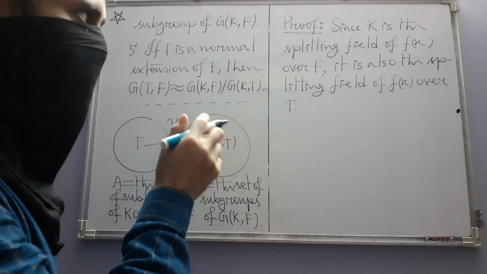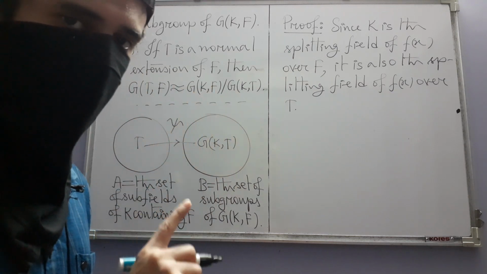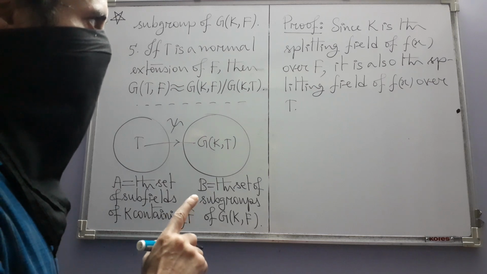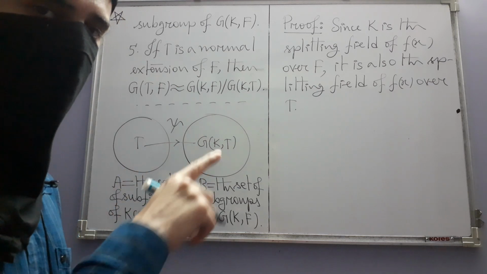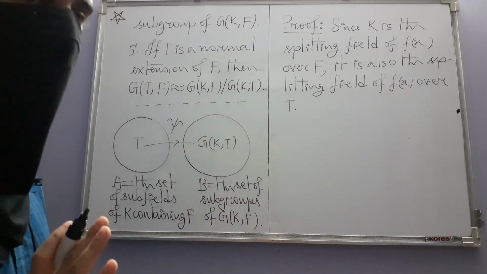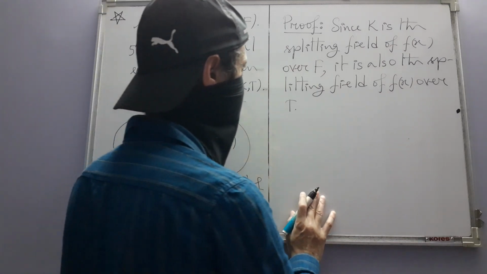Why is this true? We have seen, you go back to the previous field theory video. There, while proving theorem 565, we made sense of this. Okay, so this is true.